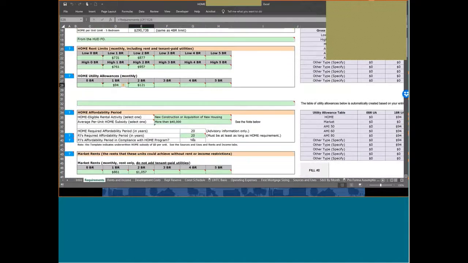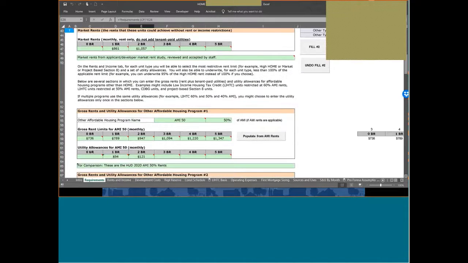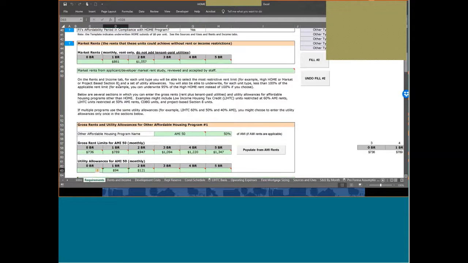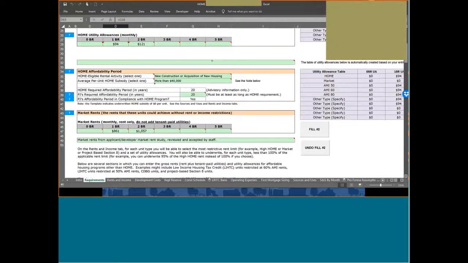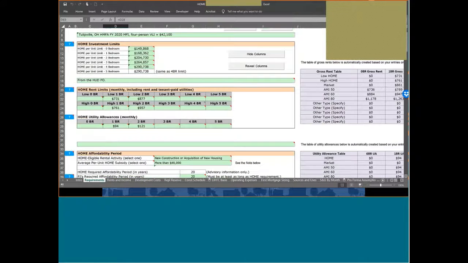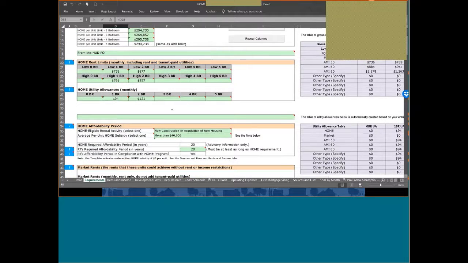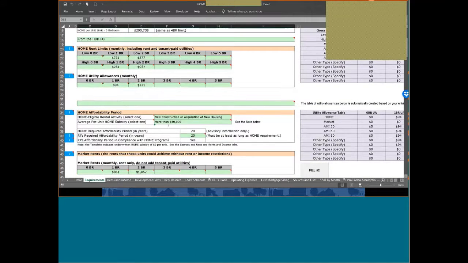What I did when I programmed this is I said that the utility allowances for 50% rents are this, and I basically made it the same as the home utility allowances. There's a comment, or there should be a comment box in here about where that came from. But I guess I never filled that in. And that would have come from whatever the utility allowance framework is for your home unit.